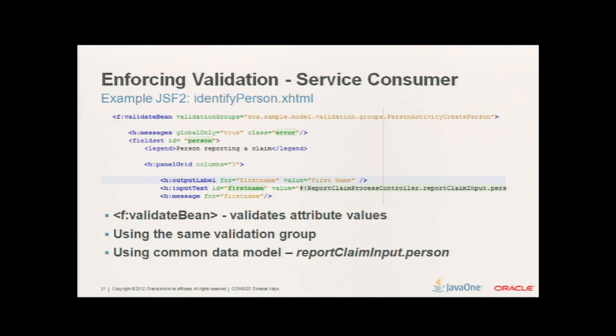So if you're using some Java Server Faces 2 based framework, you can use also the tag validate bean, specify validation groups, and all values bound inside from a common data model, in our case all attributes, get validated automatically. So we just need to tell, yeah, we would like to have a validation here.